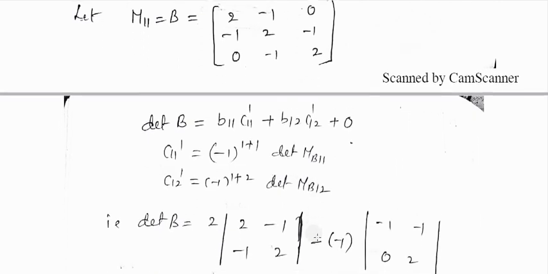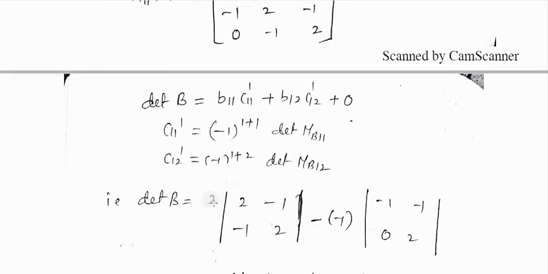C12 dash is minus 1 to the power 1 plus 2 into the determinant of the minor of the second element, MB12. So the determinant of B is 2 into, with plus sign, the determinant of MB11, obtained by deleting the first row and first column, that is 2 minus 1, minus 1 2.